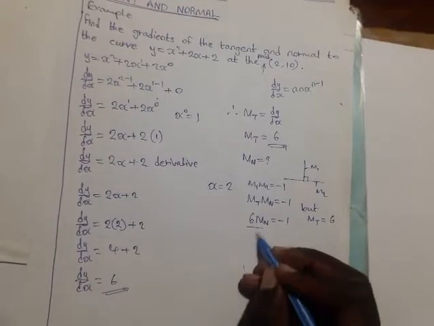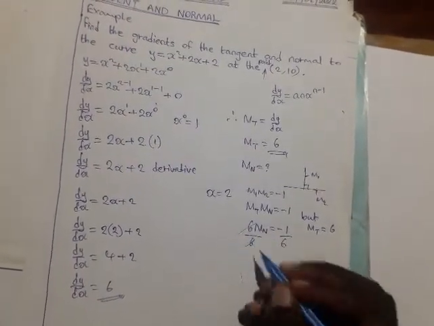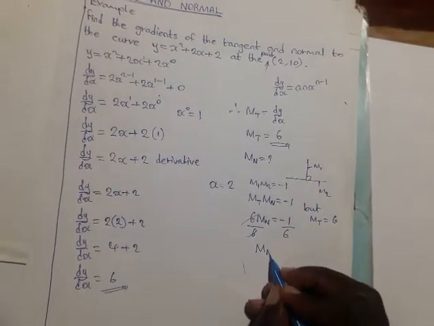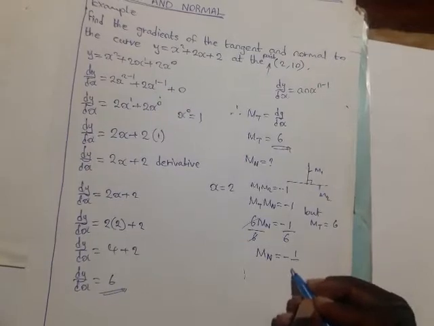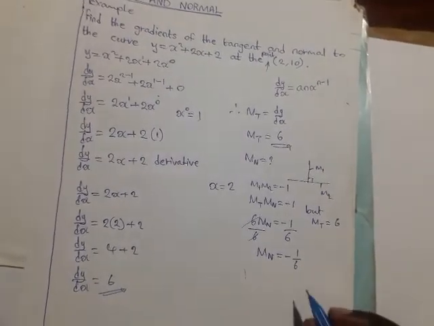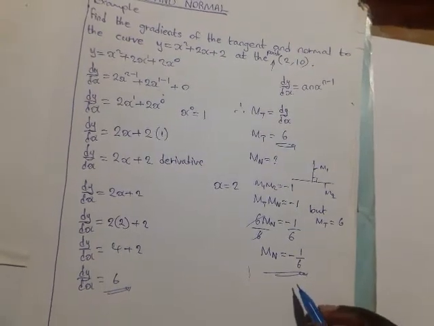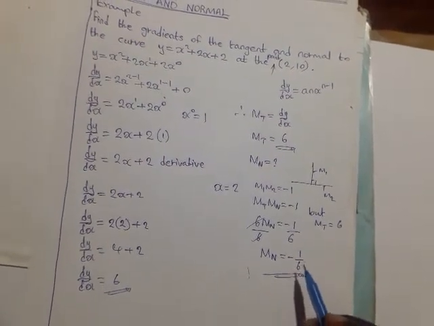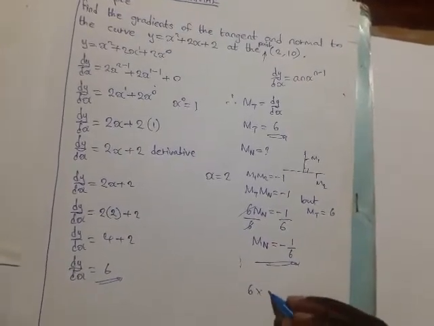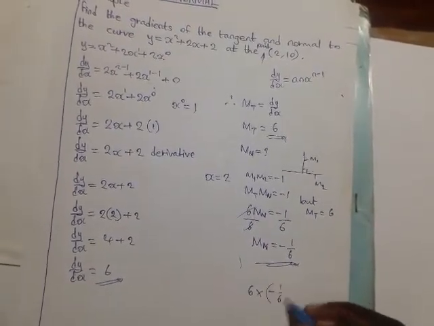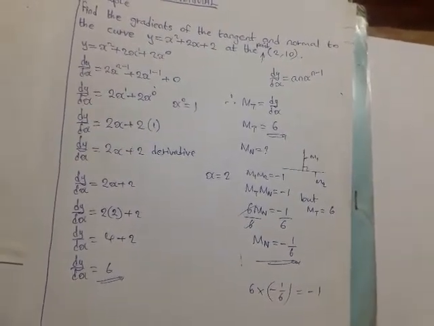So now both sides, you have to divide both sides by 6, so that your m normal is going to be -1 over 6. So this is now the gradient of the normal. So if you multiply 6 by -1 over 6, the product should be -1.